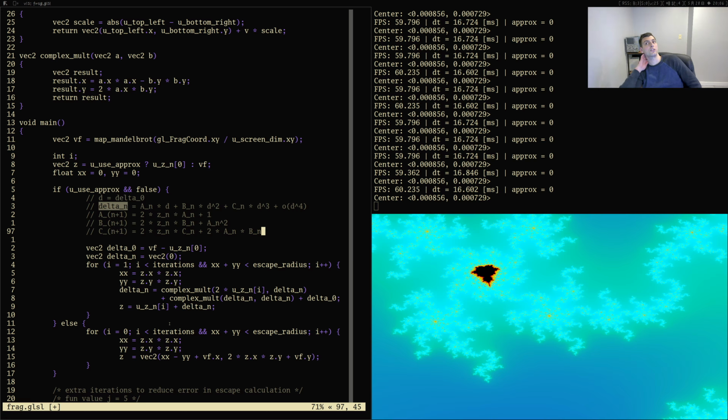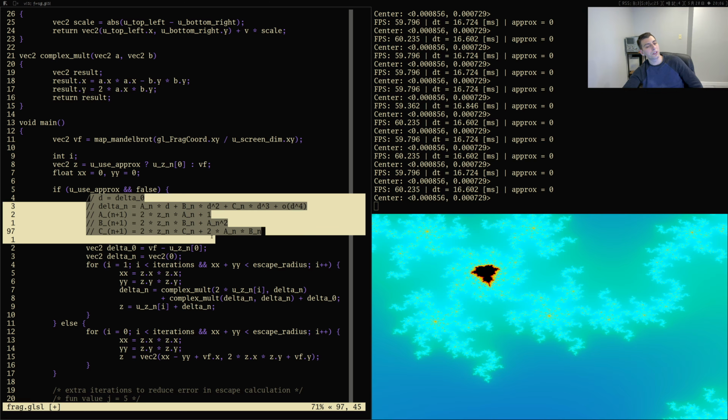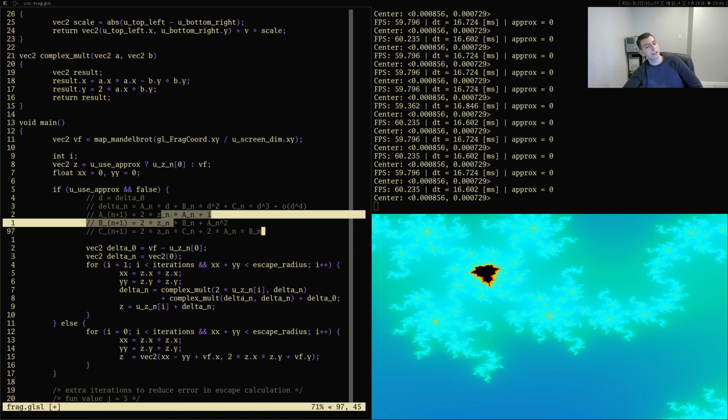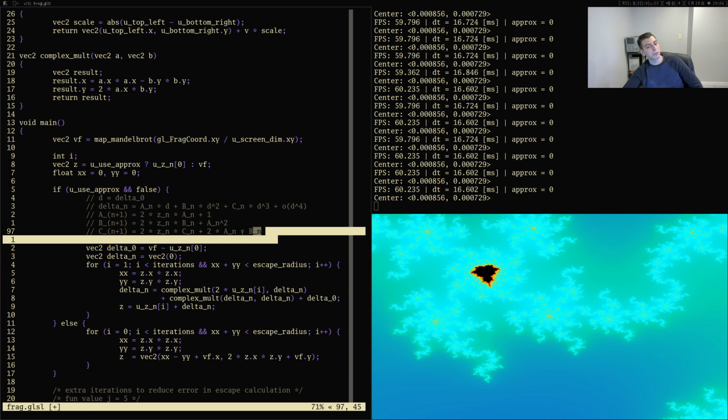Because it's just recursive and you're squaring a term over and over again, it's going to quickly need very high precision. But in this case, we're not doing any of that, and this zn is already pre-computed, and it possibly needs to be higher precision, but I'm not sure about that.